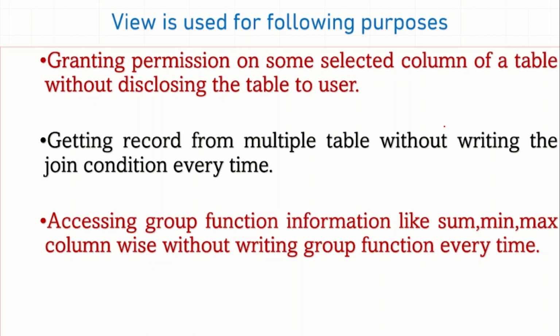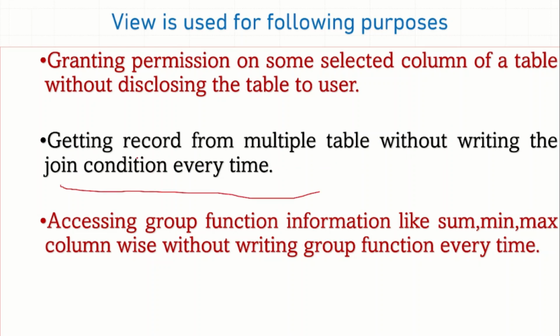Clear? That's how, with the help of view, we can give selected access to the user. Next one, it says getting records from multiple tables without writing a join condition.